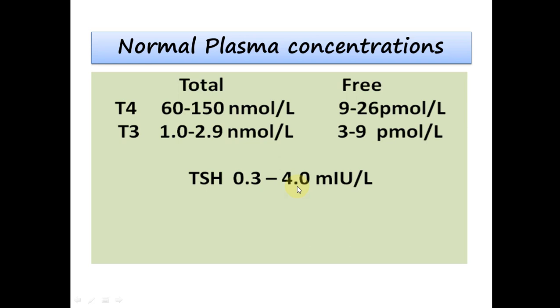And for overt hypothyroidism, we take the concentration up to 10 milli international units per liter, and the range between 4.5 and 10 milli international units per liter is considered to be a state of subclinical hypothyroidism that we will discuss later on.